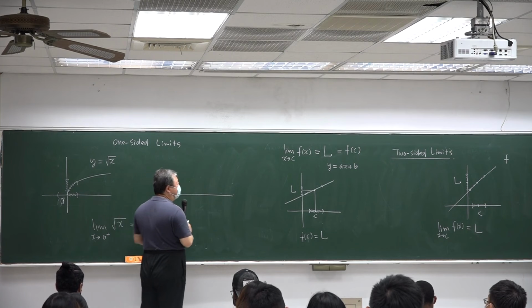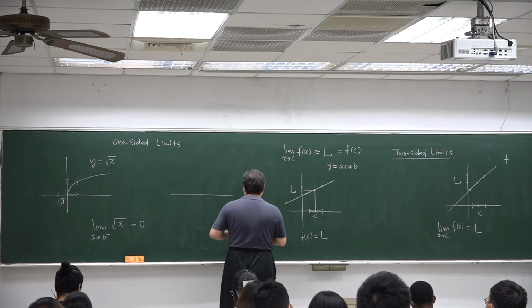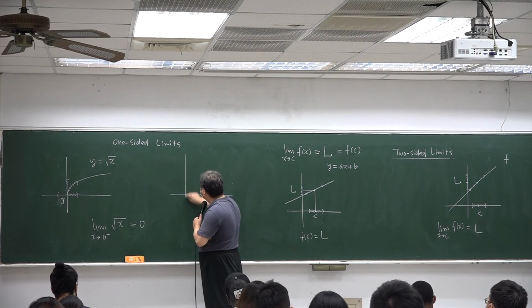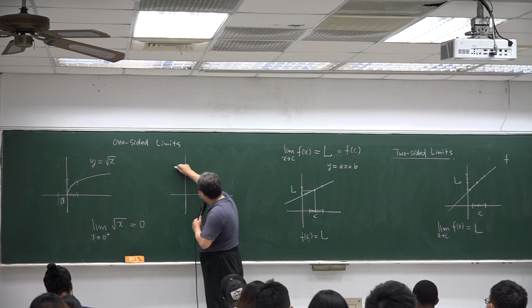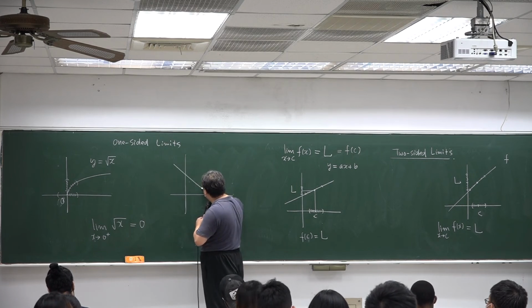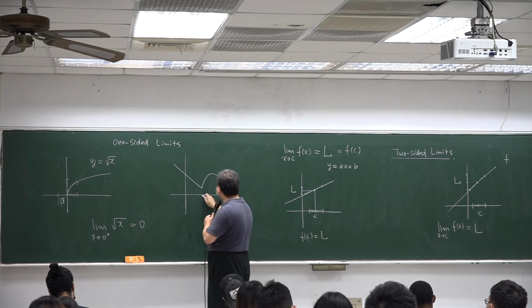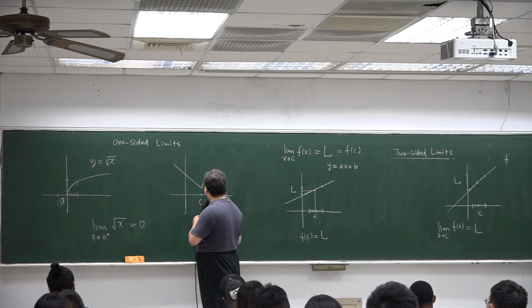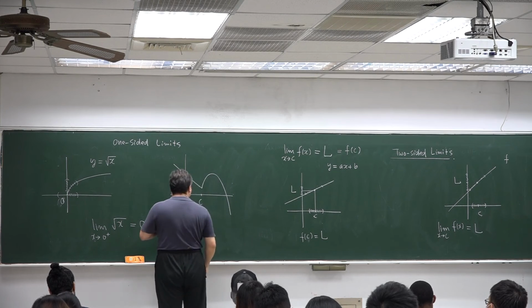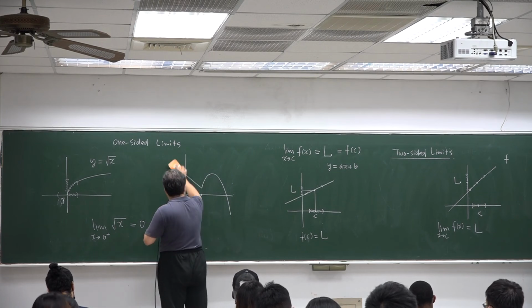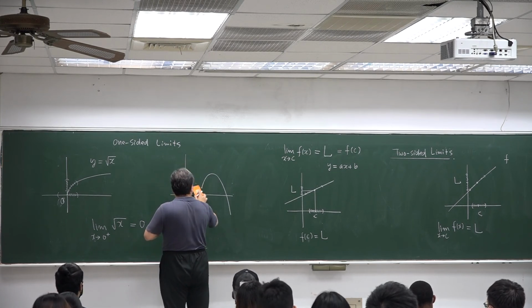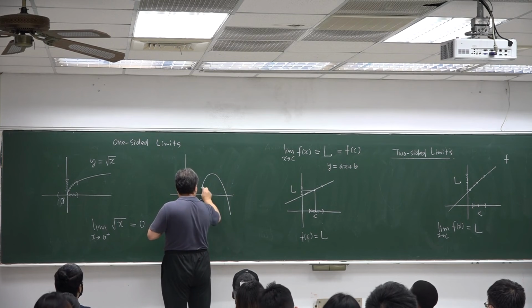One-sided limits can also apply to a function. In this case, for example, we have a linear function here, a quadratic here. This is C. There's a gap here.